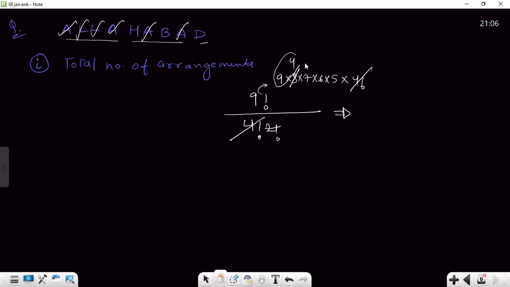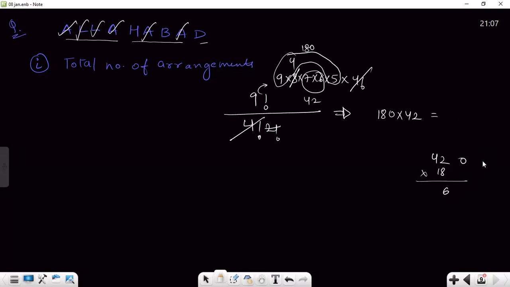That is 36 into 5, which becomes 180, into 7 into 6 which is 42. So 180 into 42, and this will become 42 into 18, 0. Let's leave it.